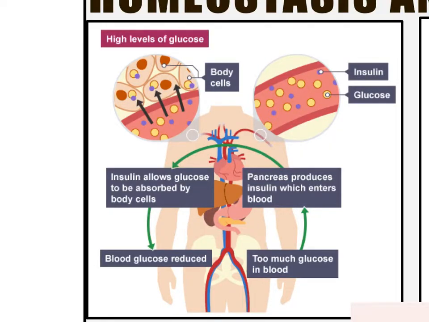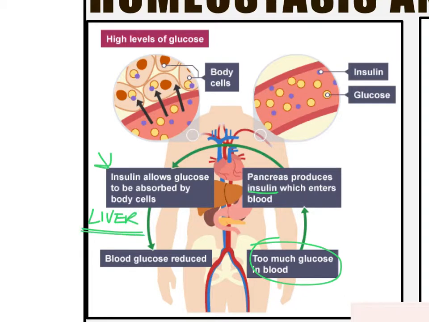This diagram summarizes what happens. Okay, so if we look at it, the first thing is to note there's too much glucose in the blood. It's the pancreas that produces insulin, okay, and that's released into the bloodstream, and that allows the glucose to be absorbed by body cells and also be stored in the liver.